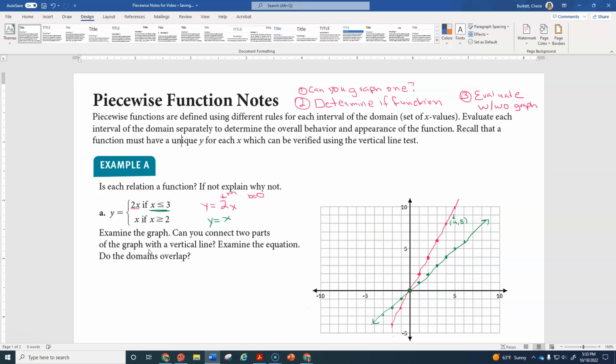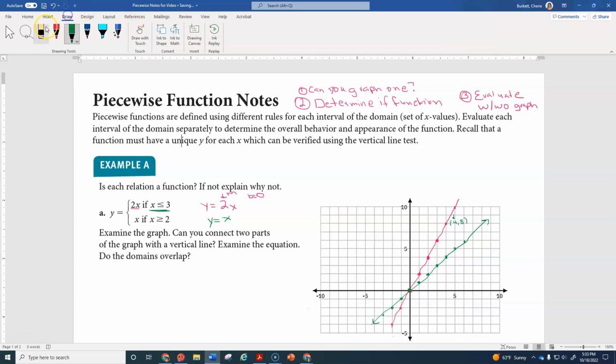This x value, which is 4, is bigger than 3, and they only want numbers that are smaller than or equal to 3. So what we have to do here is go back and erase, not the whole line, but erase all the way down to where our x values are 3, and we only want to use the ones that are 3 and less than 3. So we're only going to graph this portion of that line.